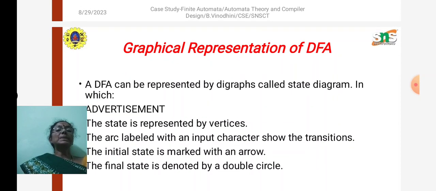The graphical representation of a DFA uses vertices for states, and arcs labeled with an input character show the transitions. The initial state is marked with an arrow, and the final state is represented with a double circle. That is the representation of any finite automata.